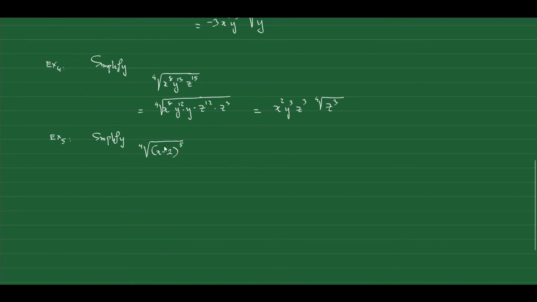I know the 4 is not going to 5, right? So you gotta split up into x minus 2 to the 4, because 4 going to 4. But this is 5 times, so there's another one. So 4 into 4, you can cancel everything else, so what you have left is x minus 2. But this one is still inside the 4th root. There you go, so that's how you do it.